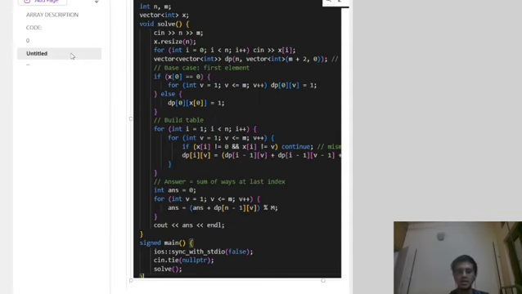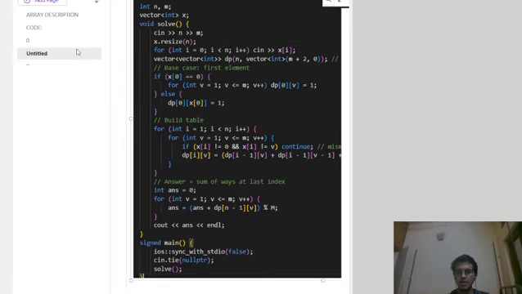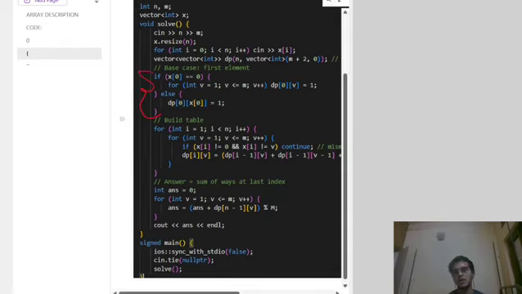Now tabulation is basically the building of the table. For converting memoization to tabulation, I have discussed in the previous videos also. You do not have to worry much. Here we are considering i going from 0 to n. So the base case, when i is 0, is this only.